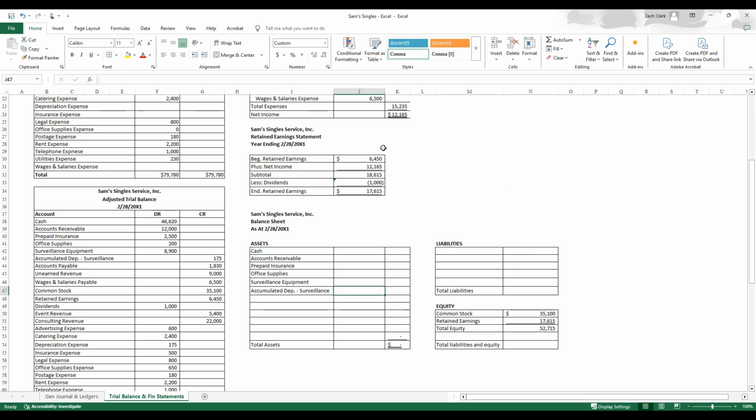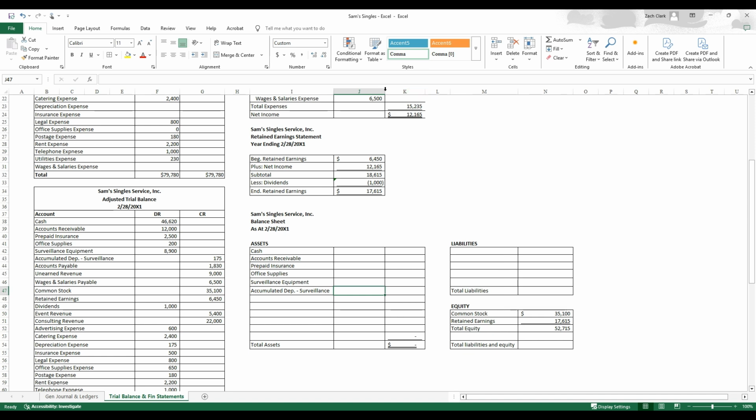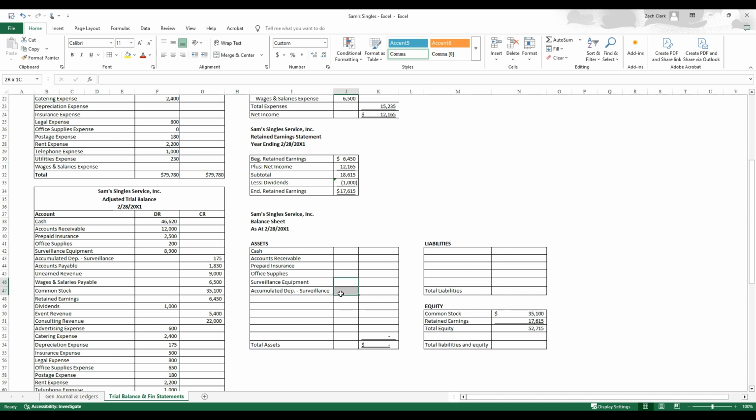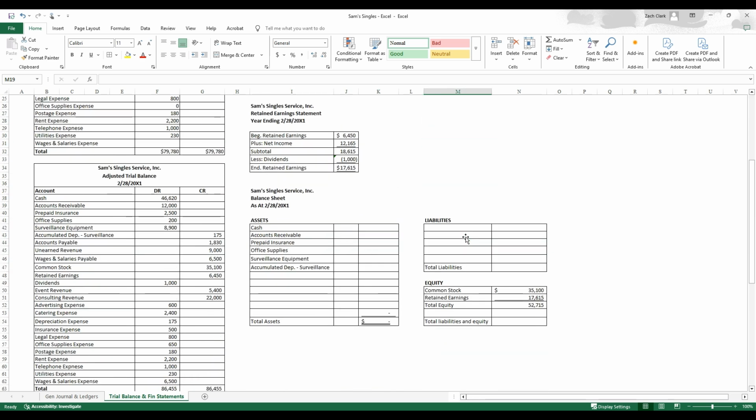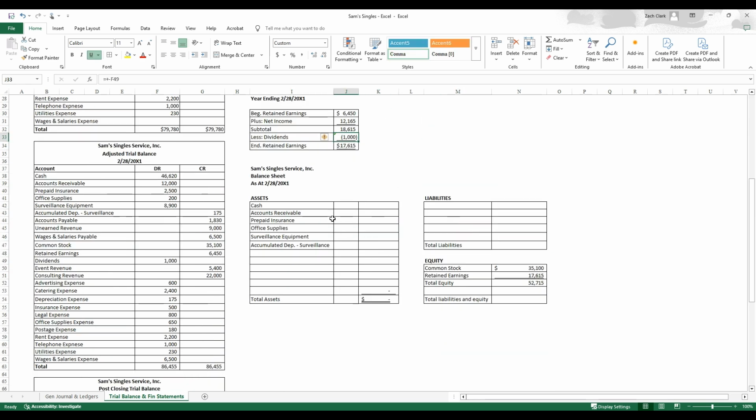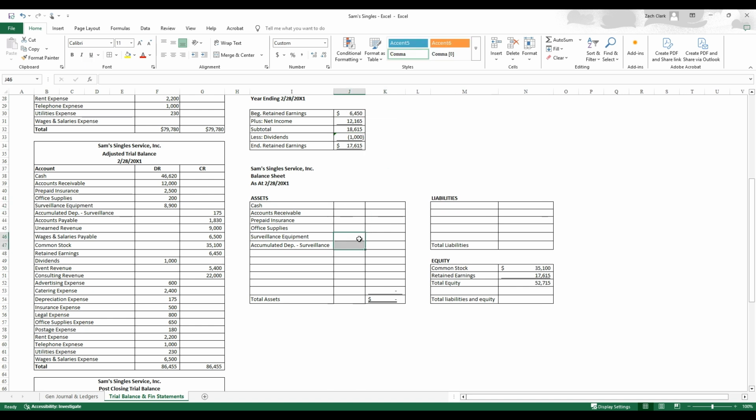But I want an extra row here for the contra asset, the equipment. Okay, so one more time, you won't have to do that. Just keep that in mind. I'm just doing that in order to give us a spot to do our net book value. Okay, so cash, we got there.